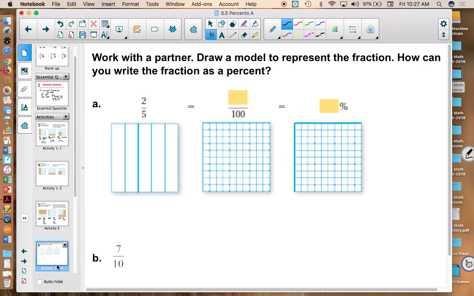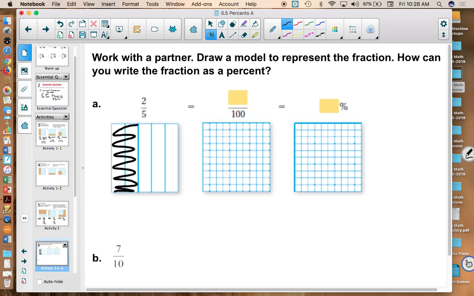This is what we did. Okay, what is 2/5 as a percent? It says to draw the model to represent the fraction. Well, if we got to draw it, can I do this? Is that good enough? That's my shaded. I got 2 out of 5 shaded. So how would I shade my 100 squares? I went from 5 to 100.